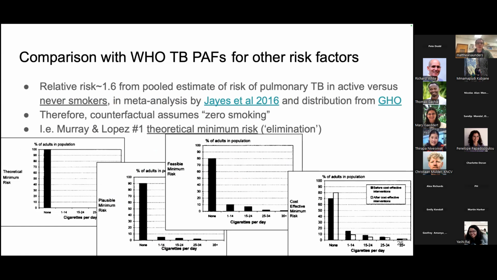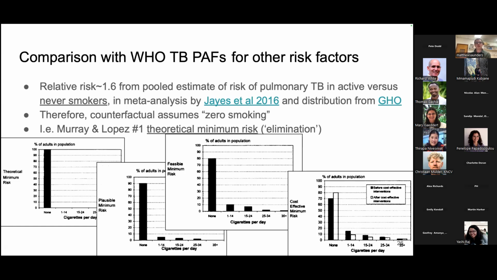I guess the key message is that we should be consistent across different risk factors, because if for one risk factor we're assuming a scenario where we totally eliminate that risk factor, but for another we're modeling a scenario where we just about change nutritional status, they're not quite the same thing. So, for example, the smoking relative risk estimate is derived from a systematic review comparing the risk of TB in active smokers versus people who never smoked.